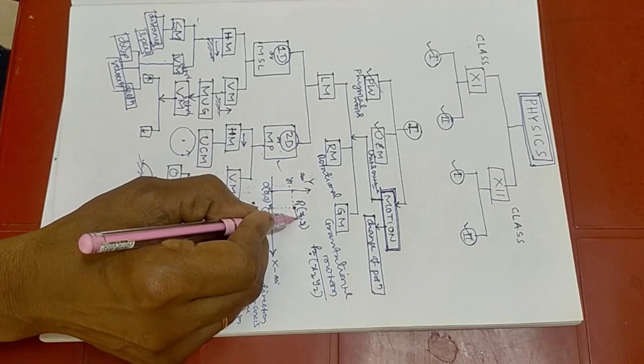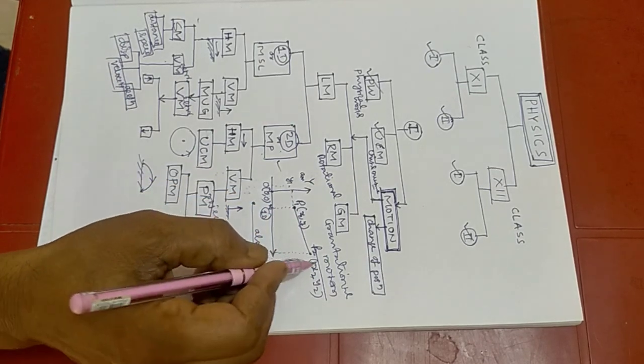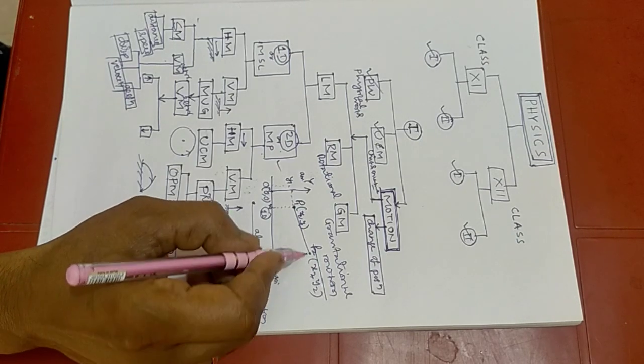During motion, it has moved to another position. At that second position, its coordinates became x2 and y2.